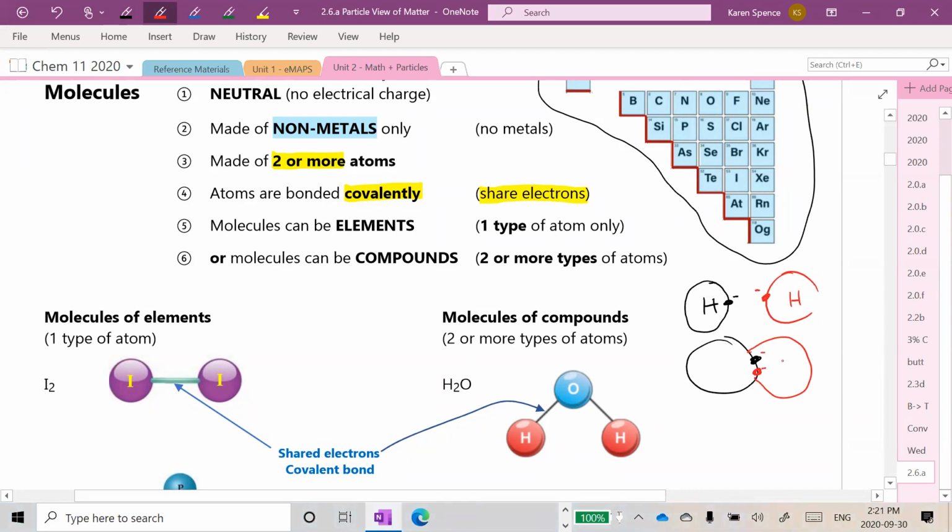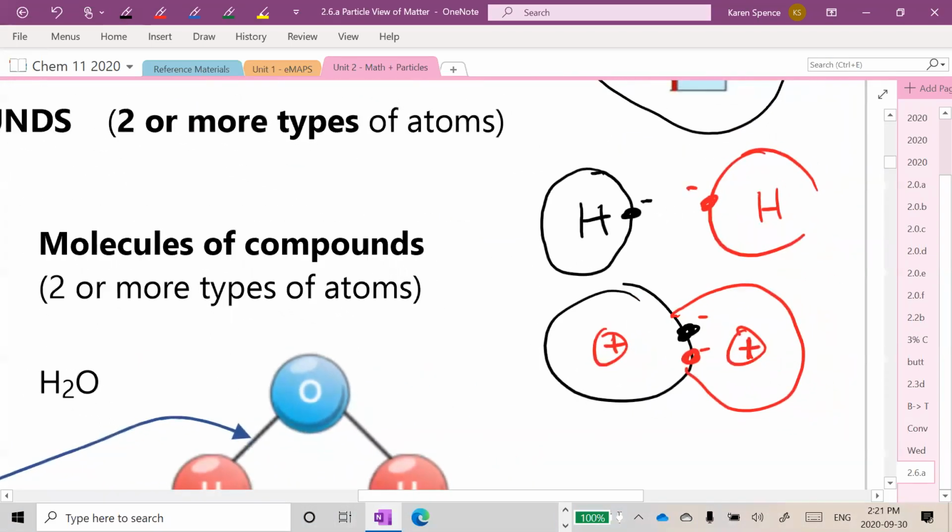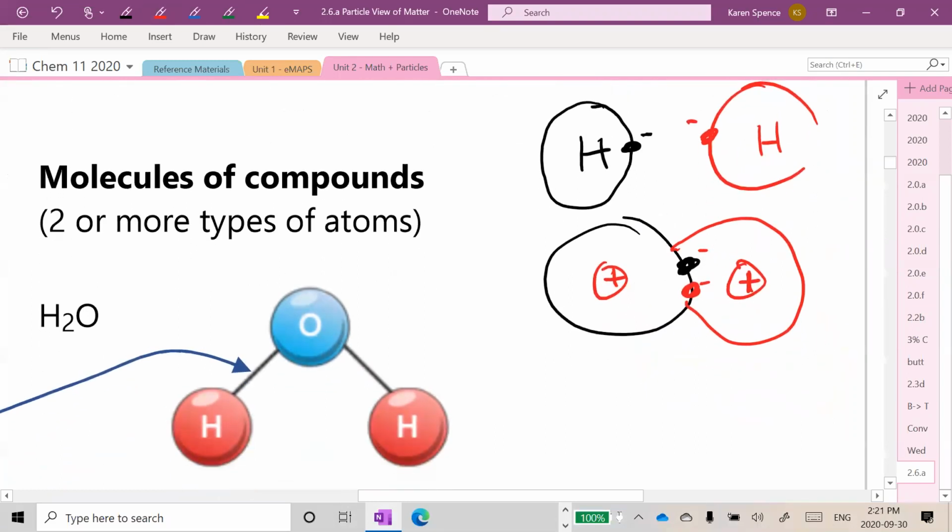Remember, electrons are negative. We'll get into this more in the next unit. I'm just giving you a little preview here. Remember in the nucleus, there are the protons. In hydrogen, there's only 1 proton. But what happens is you have these positively charged protons in the nuclei, and in between them, you have these shared electrons, which are negative. And what do positive and negative do to each other?